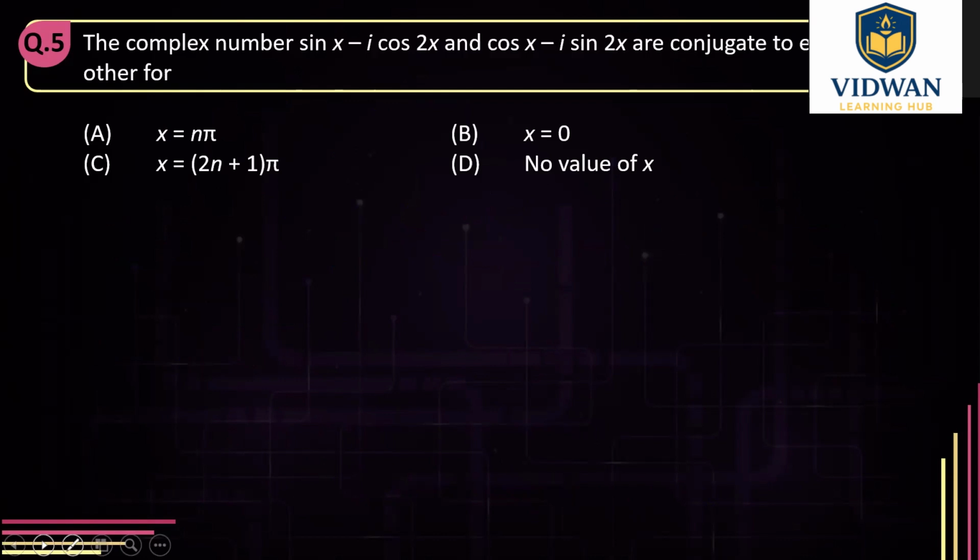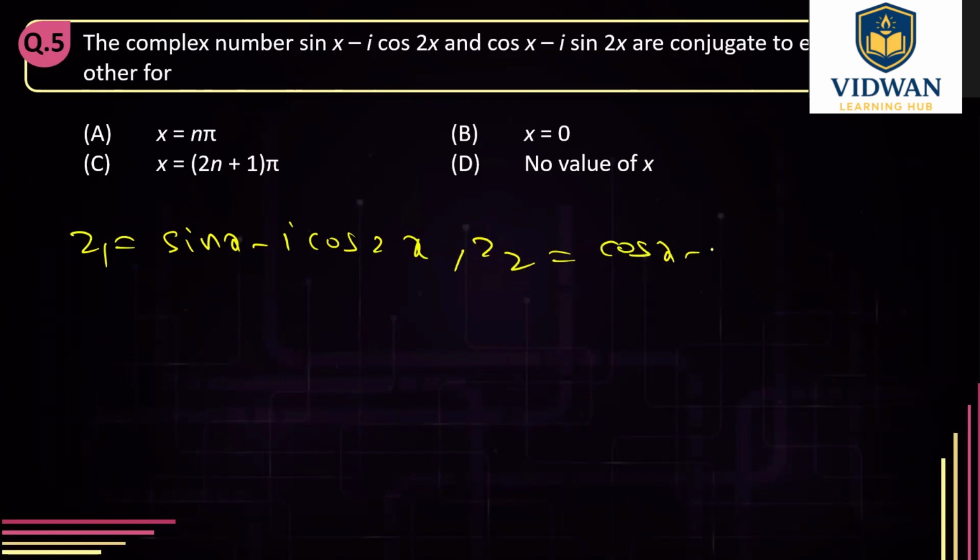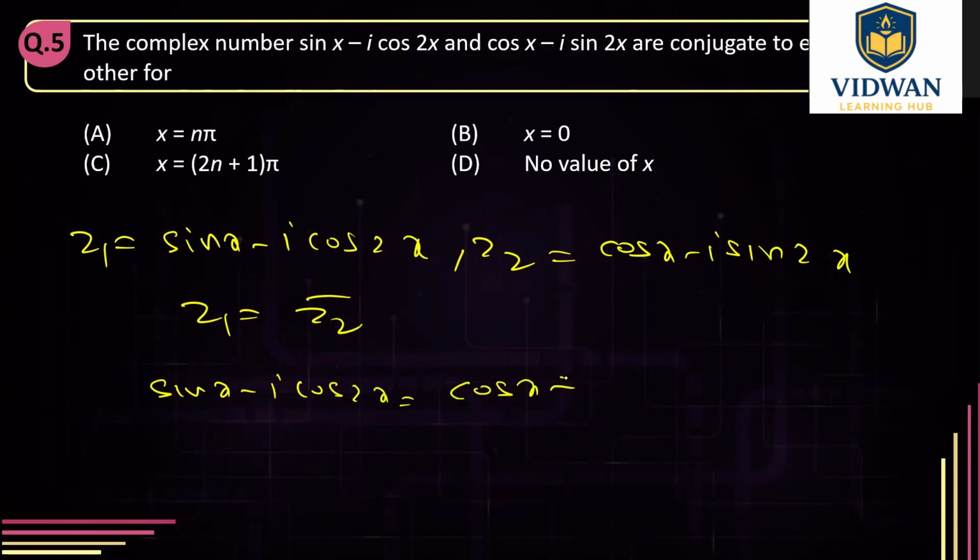So let's do this problem now. The complex numbers are conjugate for what values of x? So if they are conjugate, the first one is suppose z1 and the second complex number is suppose z2. They are saying they're conjugate, means z1 is same as z2 conjugate. So sin x minus I cos 2x equal to conjugate of z2 means you'll write I as minus I, so you'll get this.